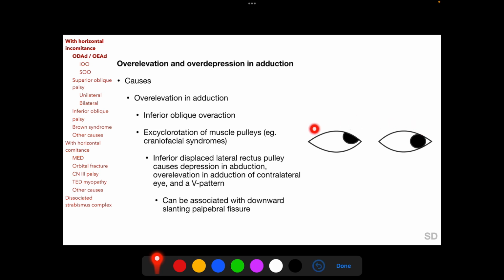So this diagram shows a patient with inferior oblique overaction of the right eye, with the right eye showing overelevation in adduction. But in the primary position or in the abducted position, the right eye will not show overelevation, demonstrating the horizontally incomitant nature of this vertical deviation.